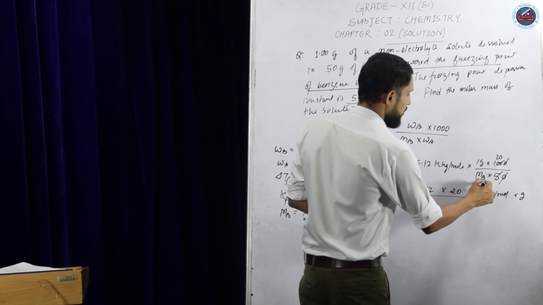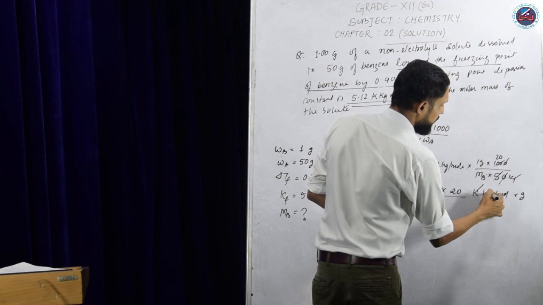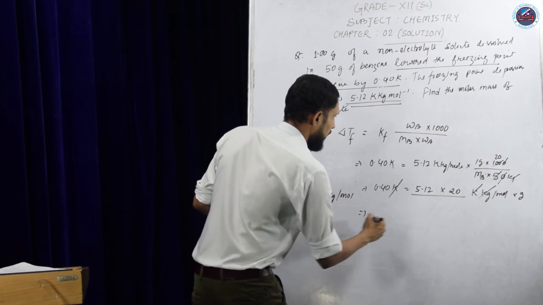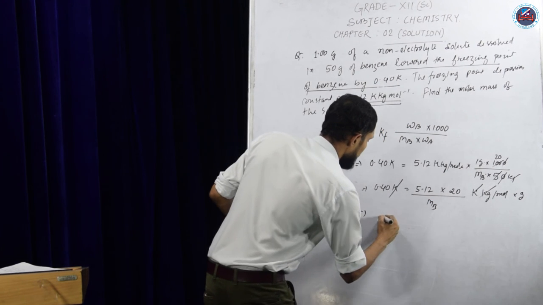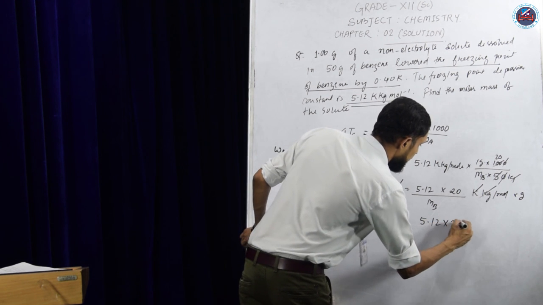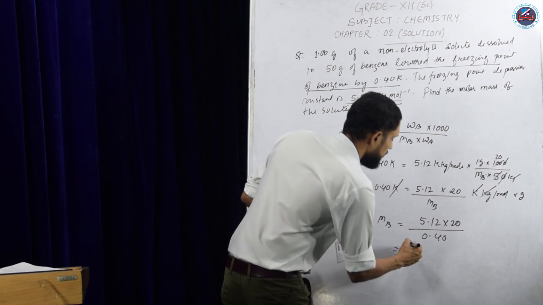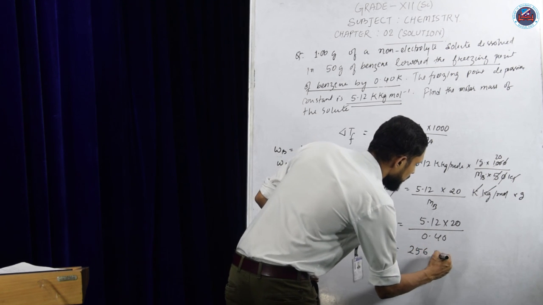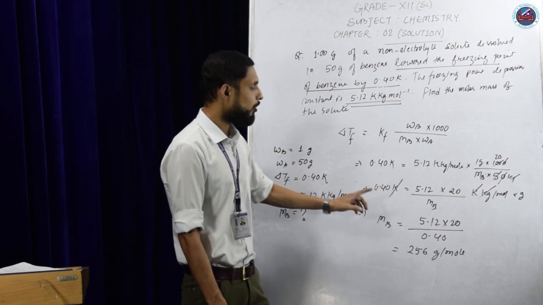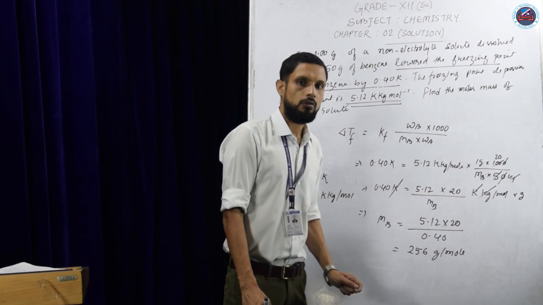So Kelvin cancels. This will be kg, so kg cancels. So if you simplify, Mb is equal to 5.12 multiplied by 20 divided by 0.40. If you simplify this value, you will get 256 gram per mole.